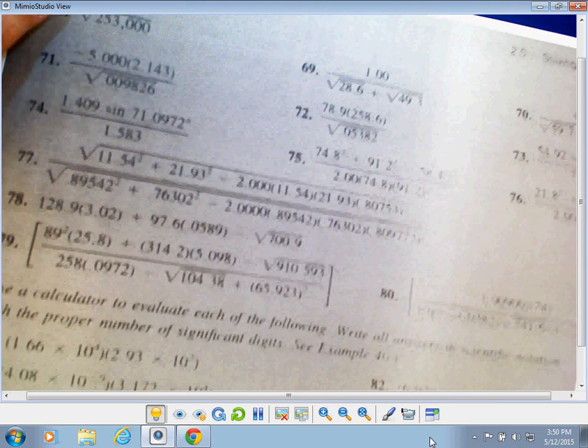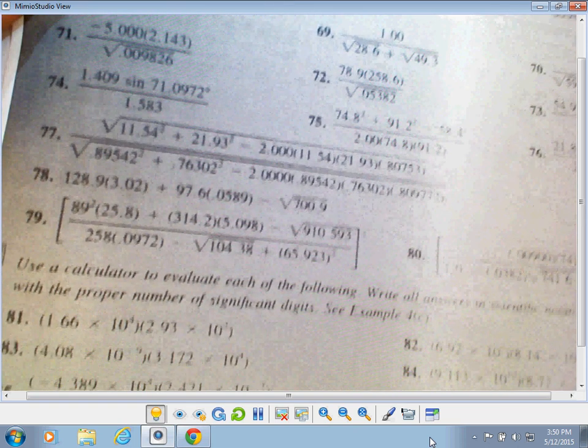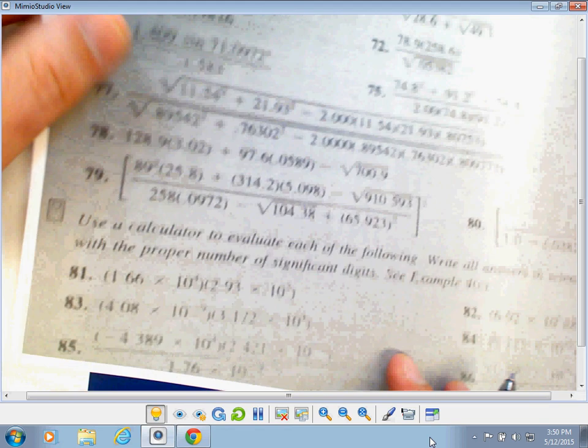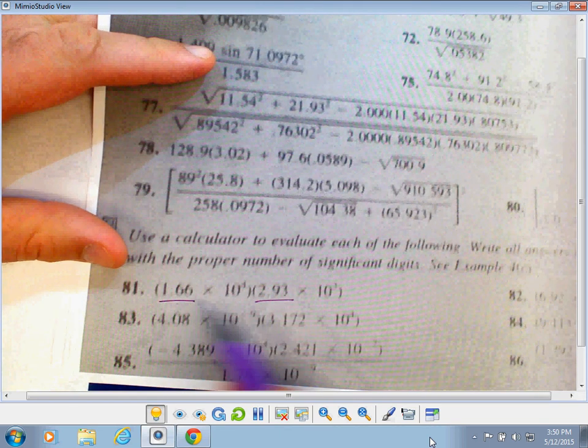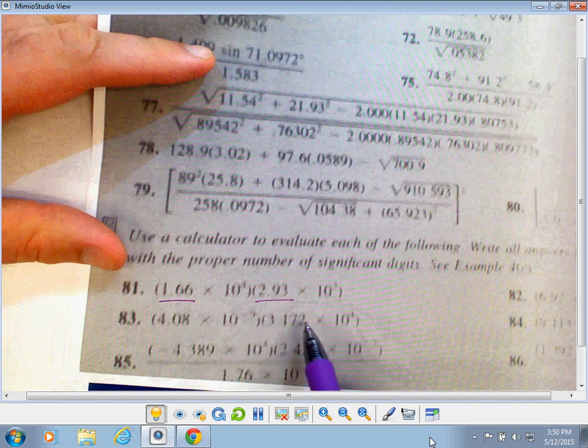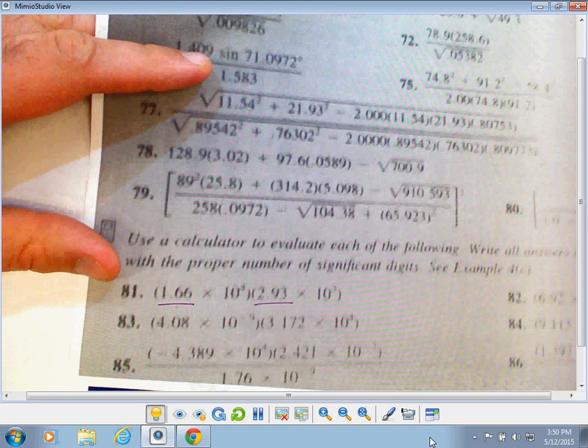All of these, even these big problems, are the same concept, right? Scientific notation problems. If you multiply this through, how many significant figures did it have? 3. So if you multiply this one out, ultimately what you need to do is write your final answer with 3 significant digits.